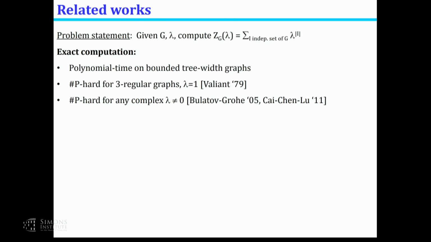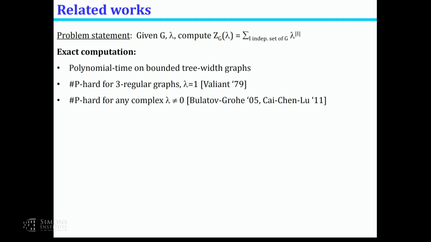However, dating back to 1979, to the original introduction of the so-called #P class of counting problems, Valiant showed that it's actually #P-hard to evaluate the independent set polynomial for lambda equal to 1, which corresponds to counting all independent sets. And so this, from a computational perspective, tells us that it seems very unlikely that we will be able to design a polynomial time algorithm that computes the number of independent sets.